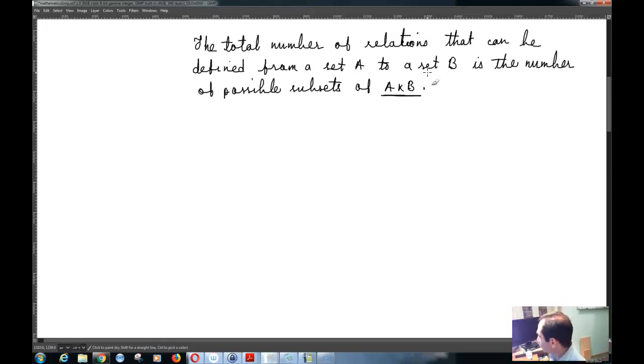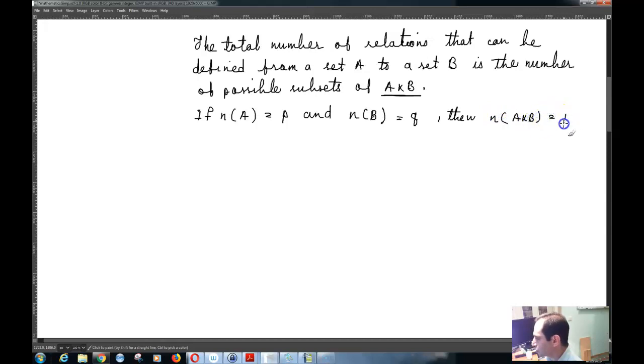So if n of A is equal to P, and n of B is equal to Q, then n of A times B is equal to P times Q. We already know that.